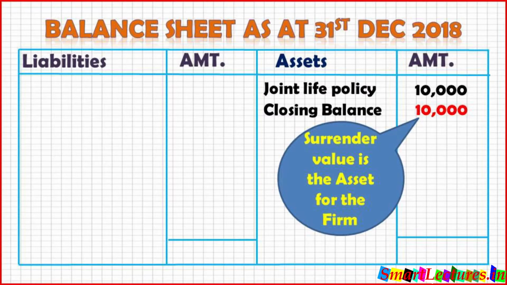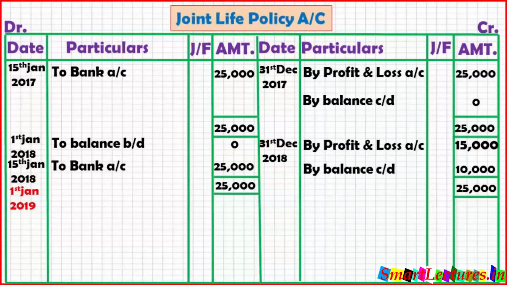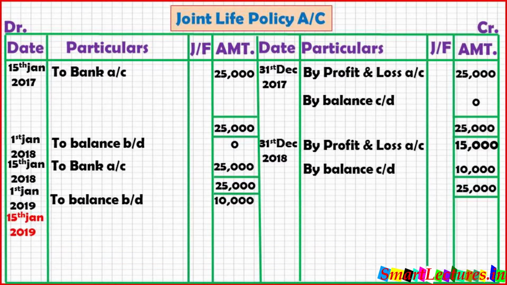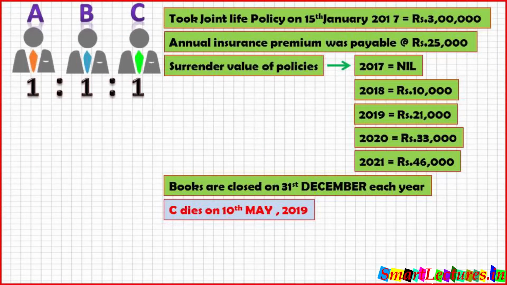And in the same way, next year on 1st January 2019, this account will be reopened, to balance b/d 10,000, because the closing balance of last year becomes the opening balance for the next year. And on 15th January, we have to pay the premium, so to bank 25,000. But before we reach the closing, on 10th of May, C died.